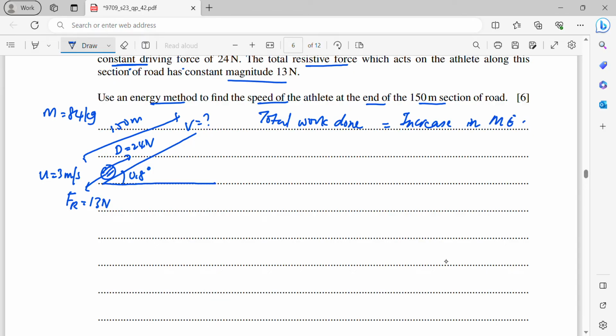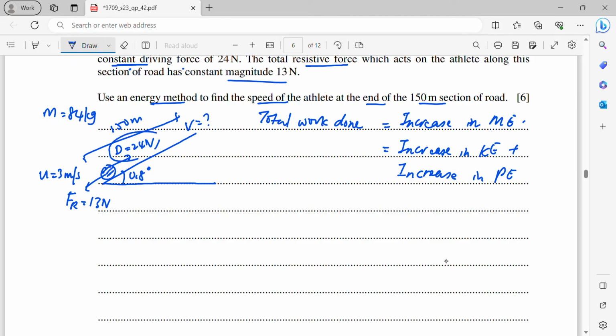So it is the same as the increase in KE, kinetic energy, plus the increase in PE, the gravitational potential energy. From here, the total work done is basically from D, the driving force.